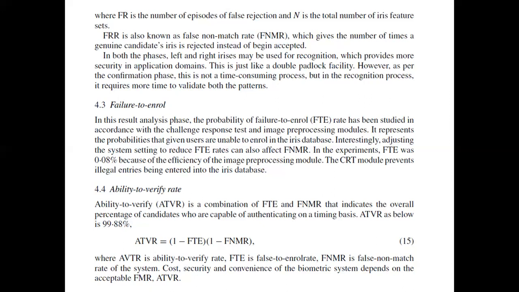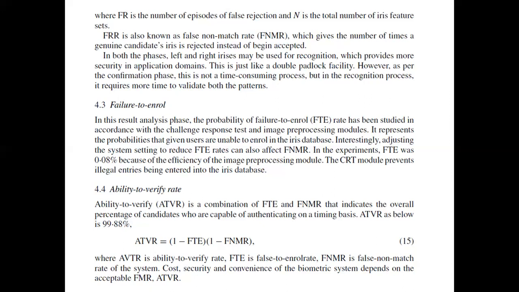It represents the probability that the given users are unable to enroll in the iris database. Interestingly, adjusting the system setting to reduce FAR rates also affects the false non-match rate.